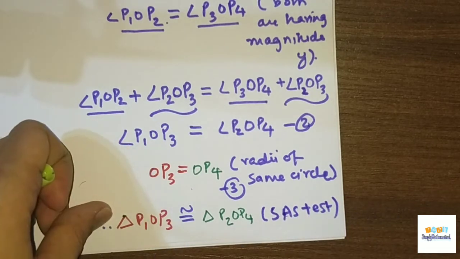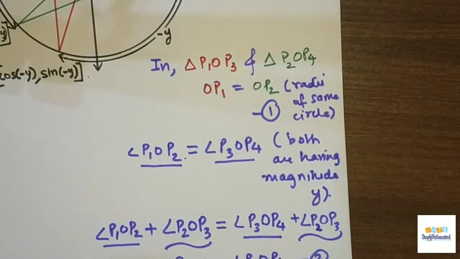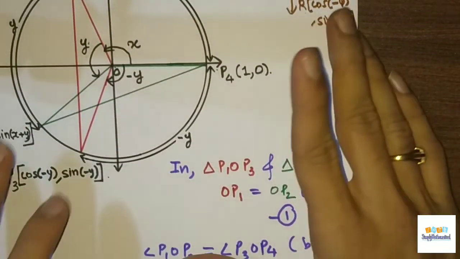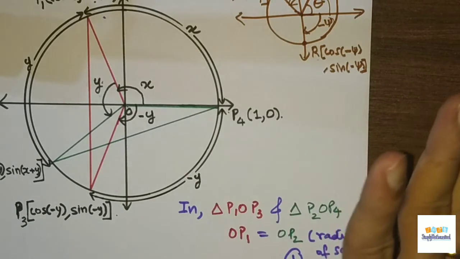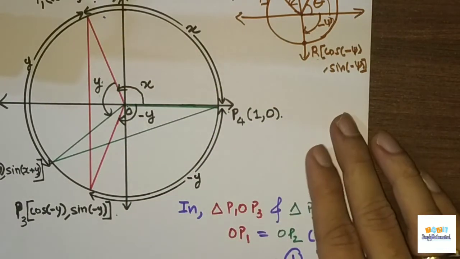So we have proved that these two triangles, red and green, are congruent.